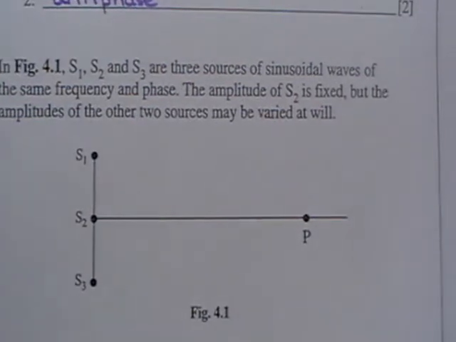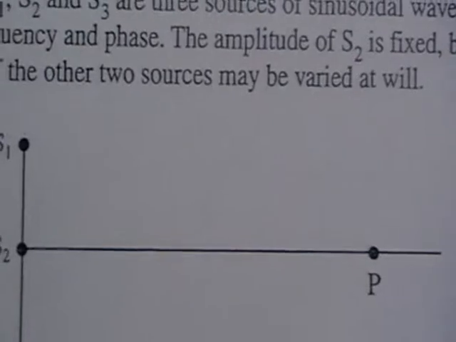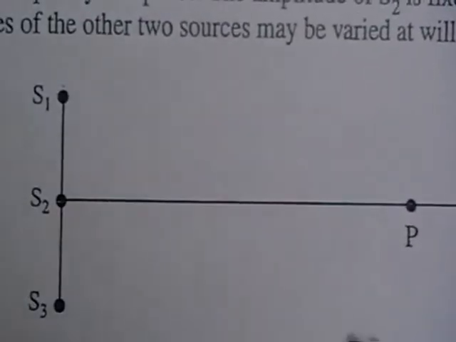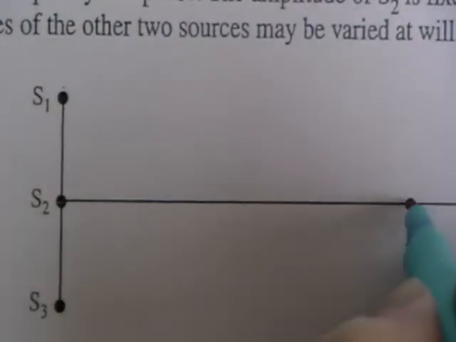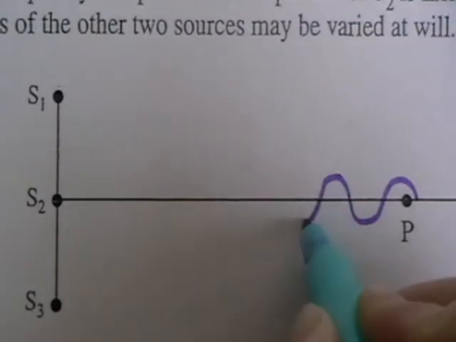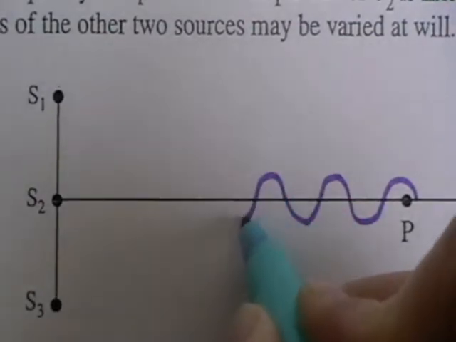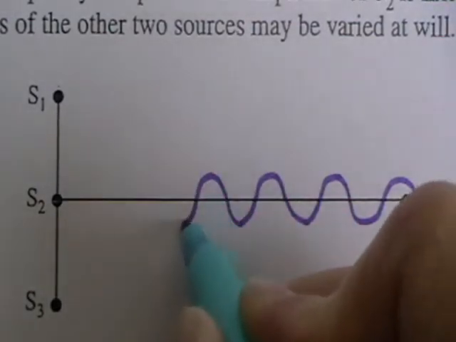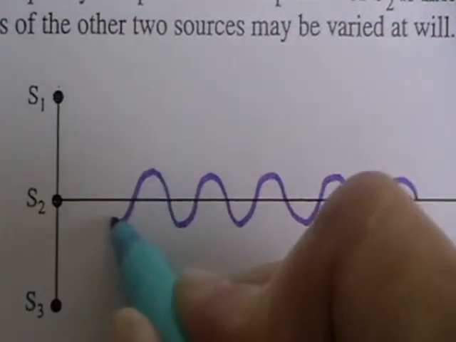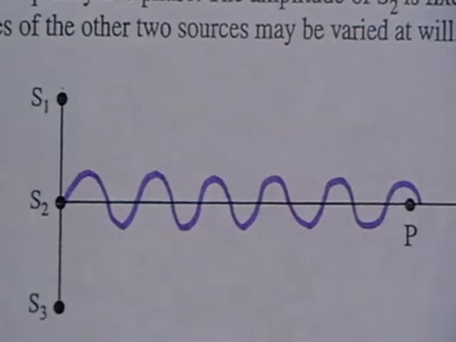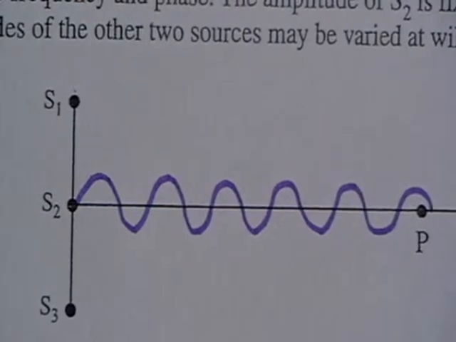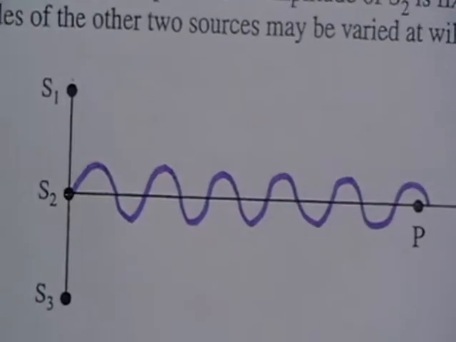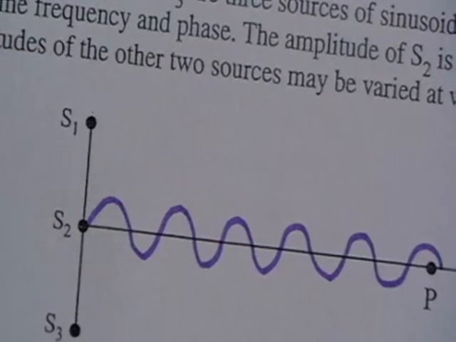So we just have a wee look at what's happening and maybe make this a bit bigger. From S2, if I just draw a wave, and we'll make sure that this is a crest that's arriving here, so I'll go backwards. If I just draw a wave like that. Okay, and then I'm going to draw two waves from S1 and S3.